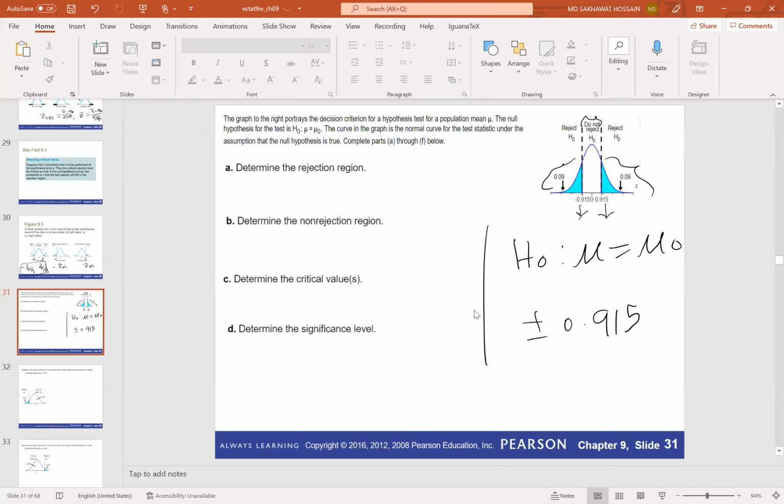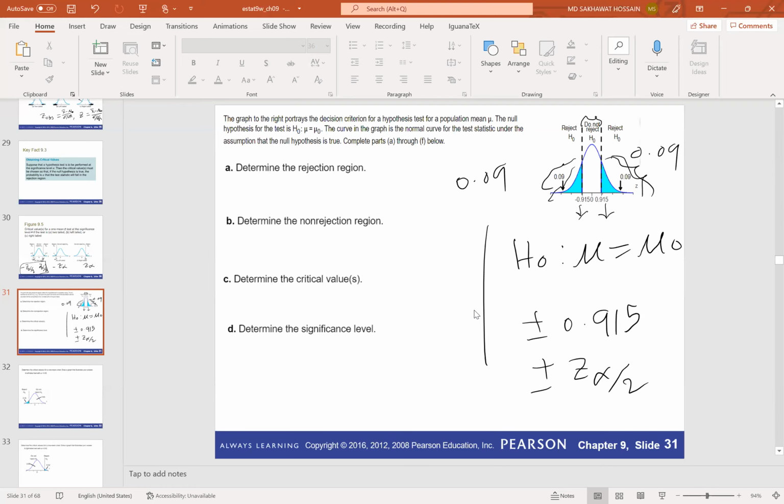And determine the significance level. So what is the significance level? Here it is given this area is 0.09 and this area is 0.09. The critical values are plus minus Z alpha over 2, right?